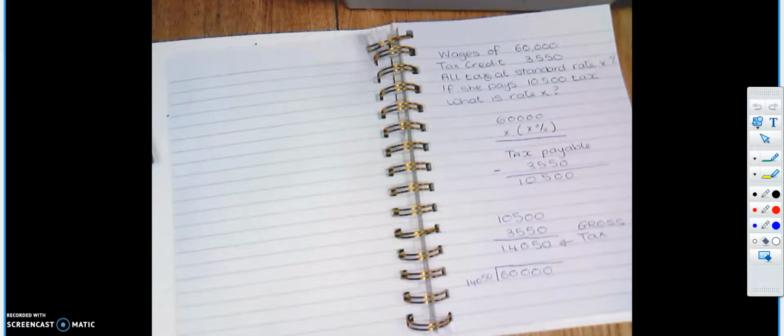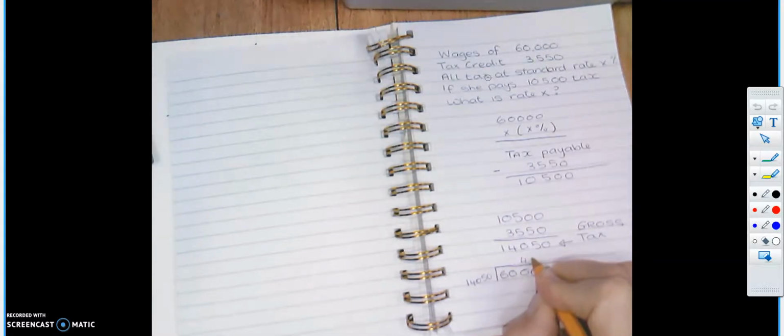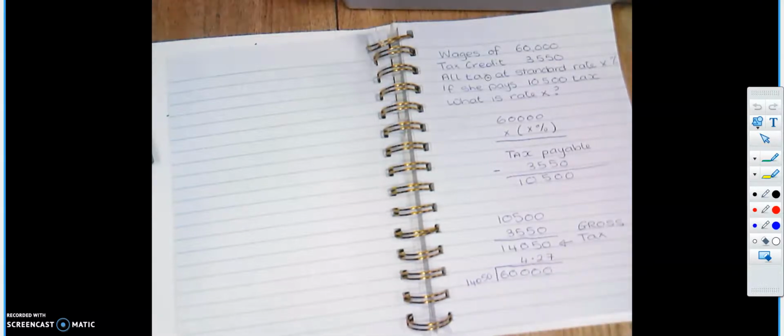So 60,000 divided by 14050 gives me the grand total of 4.27. So that means if I multiplied 60,000 by 0.427, I do not get that.